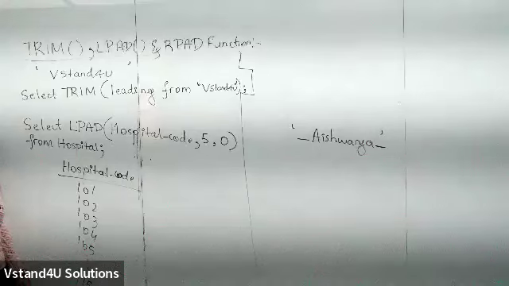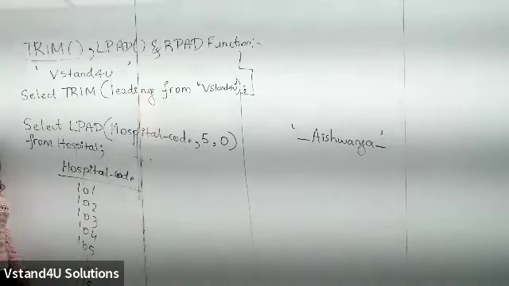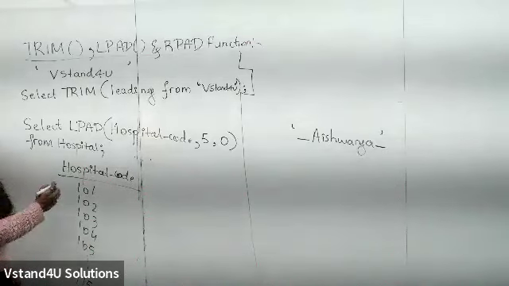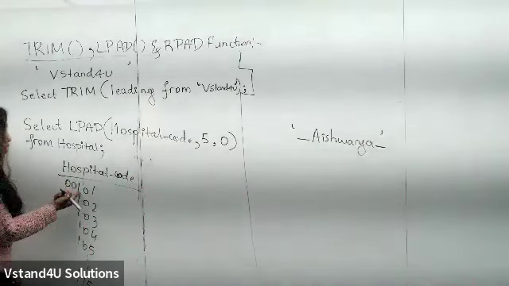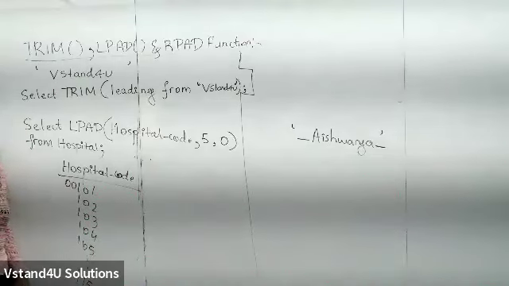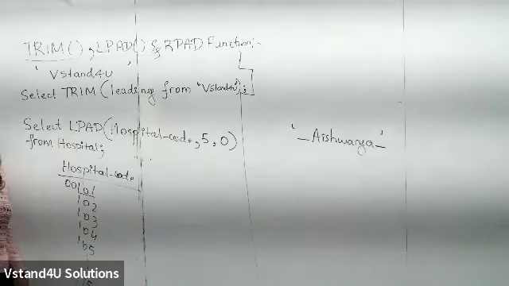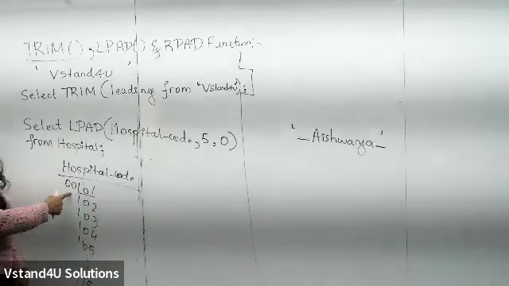If it is 5 digits, okay. If not, you have to pad zeros towards the left side. If it is 3 digits, I want to get 5 digits, so obviously you have to add 2 zeros here.